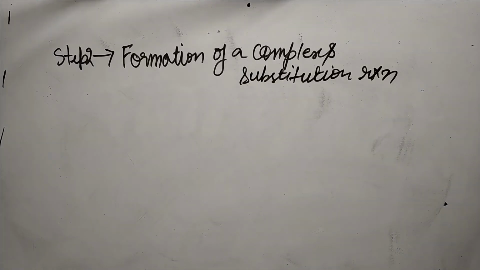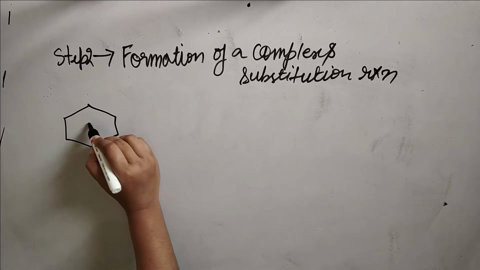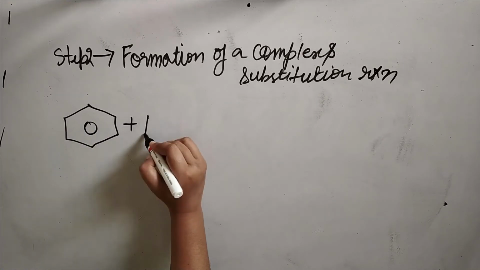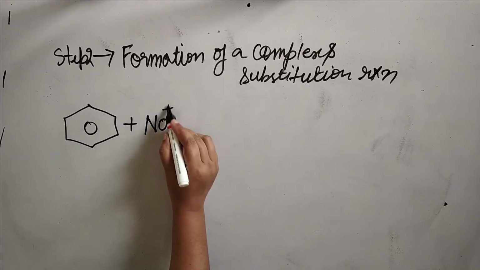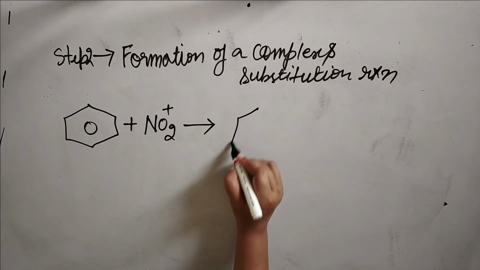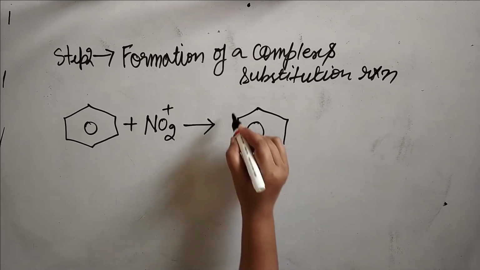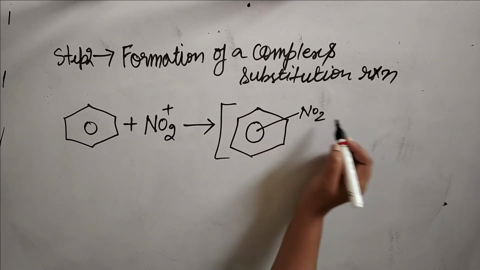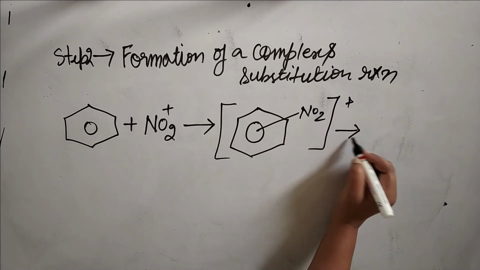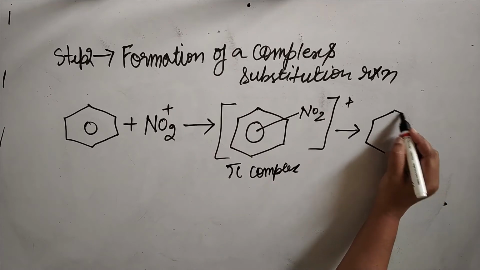The electrophile which is generated in the first step will react with the benzene ring. So here the nitronium ion which is formed in step 1 reacts with the benzene structure and first forms a pi complex with NO2 plus, and then this pi complex will convert into the sigma complex.